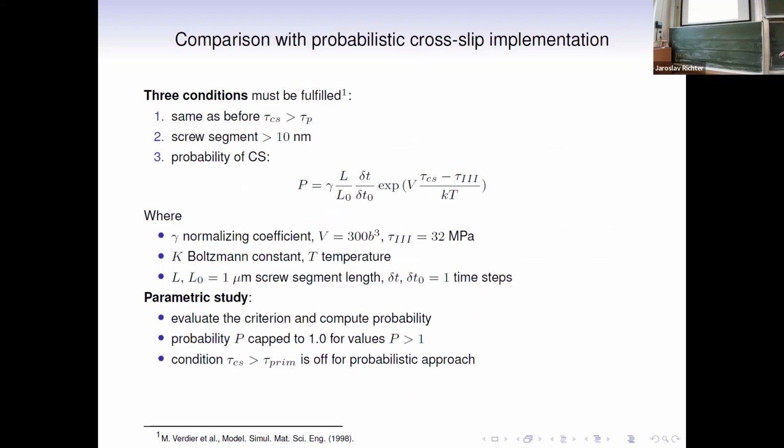And to summarize my talk, as I was speaking about cross-slip as a stochastic process, we have made some comparison with the probabilistic cross-slip implementation, which is the standard in the dislocation community. Basically, they've got three conditions.